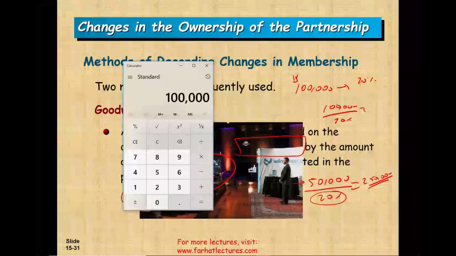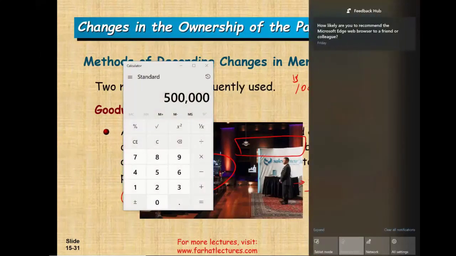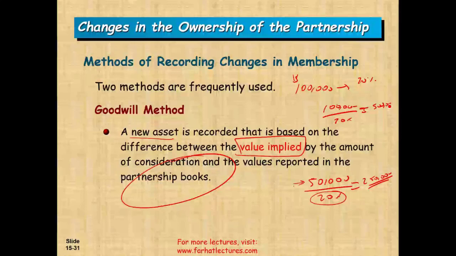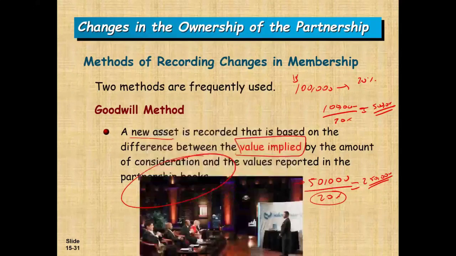So if we take 100,000 divided by 0.2, the business is worth $500,000. So this is how they start the negotiation. They're saying, well, is your business really worth $500,000? Because that's what you're telling us. So we're finding the implied value.